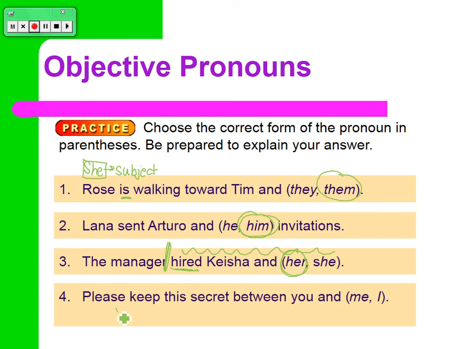Okay? Understood. You is the subject because it's a command sentence. But this is a preposition. Okay? And this is in the object part of the sentence, this pronoun that we're trying to figure out. So, would it be me or I? Which one is the object pronoun?